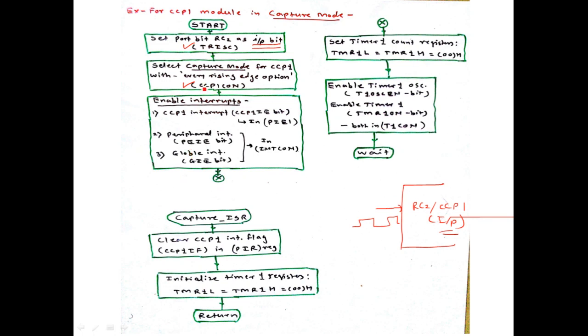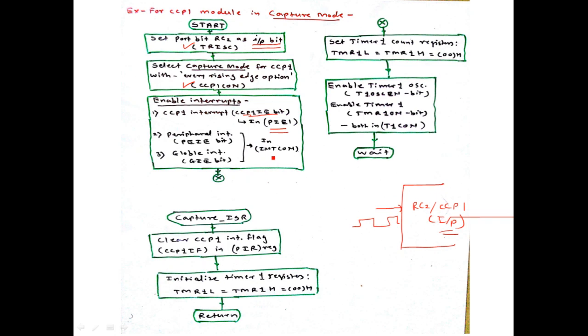Now to enable the CCP interrupt, you have to go through 3 steps. One is that you have to set the CCP interrupt enable bit, which is in the peripheral interrupt enable register.